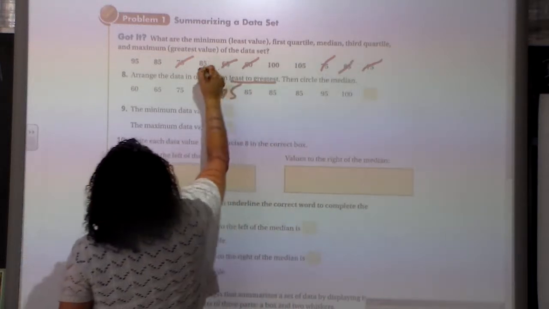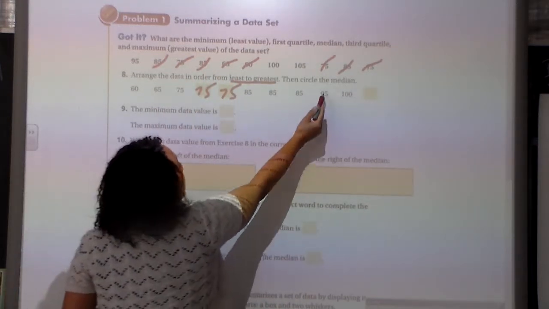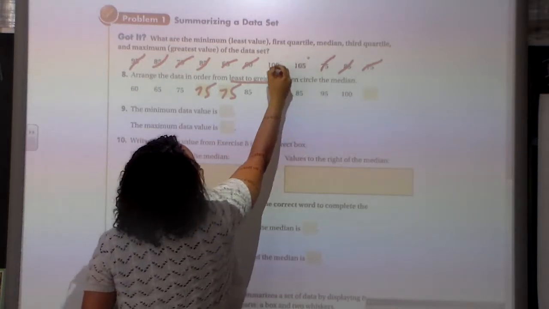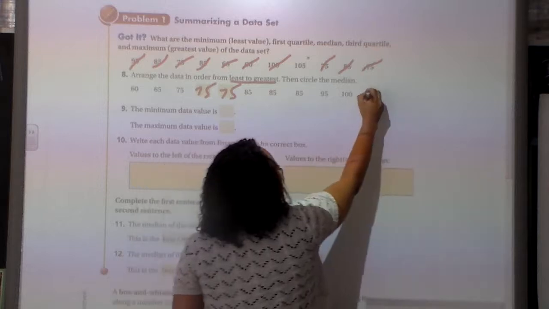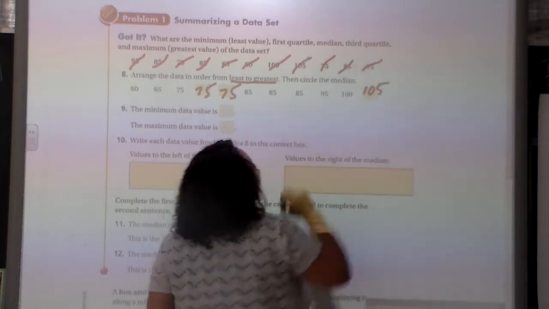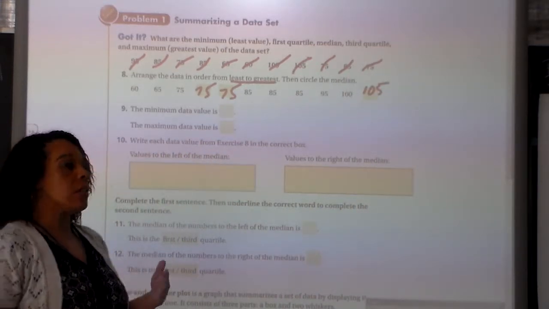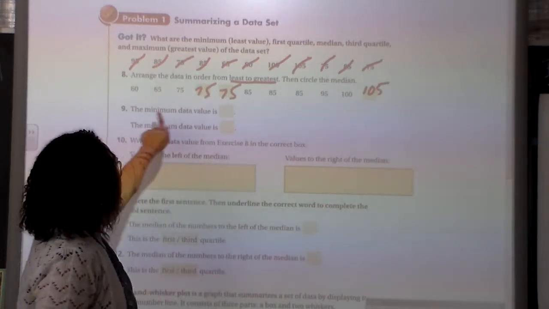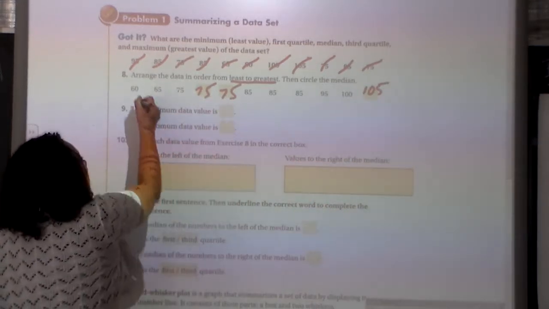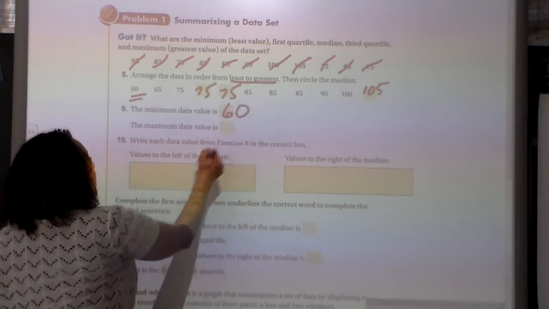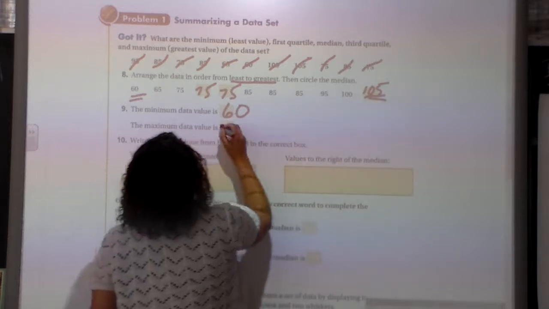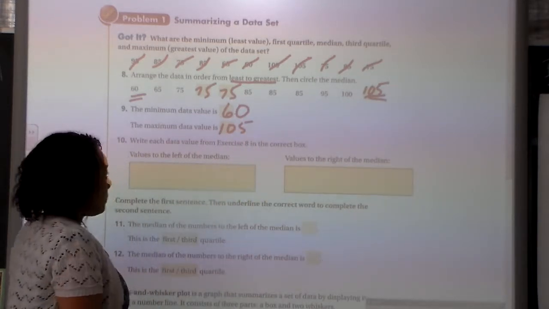I can cross each one of those off. 95, 100, and the last number left is 105. So I have arranged these in order from least to greatest. My minimum data value is the smallest number, which is 60, and my maximum data value is the highest number, which is 105.